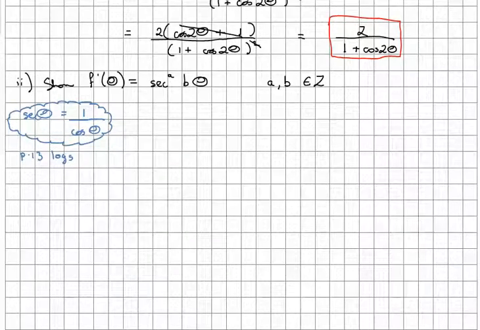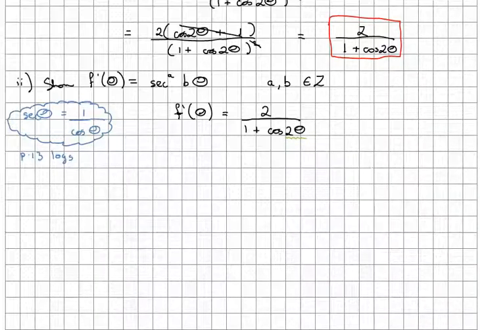If we can keep that in mind as we go down, we have from part 1 the derivative of f is equal to 2 over 1 plus cos 2 theta. And I'm going to focus in here on this double angle, cos 2 theta.